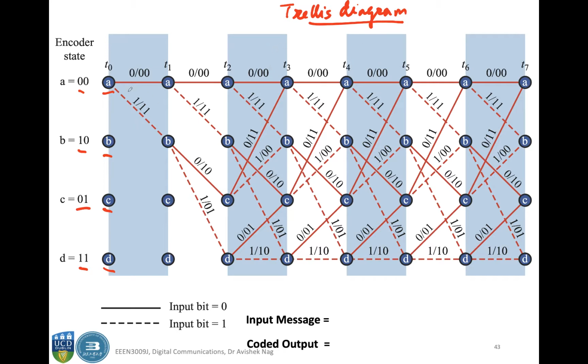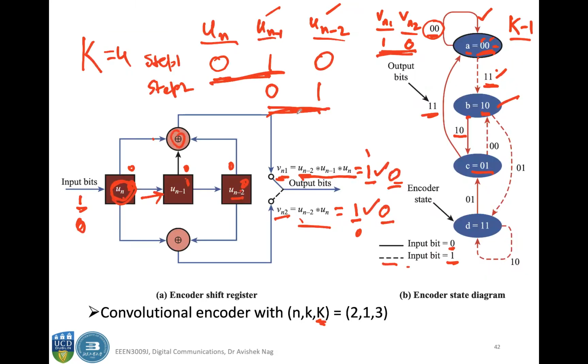Instead of drawing the next state with a directional arrow like this: from A, which is 0 0, when your input is 1, you are going to state B, denoted by this arrow.